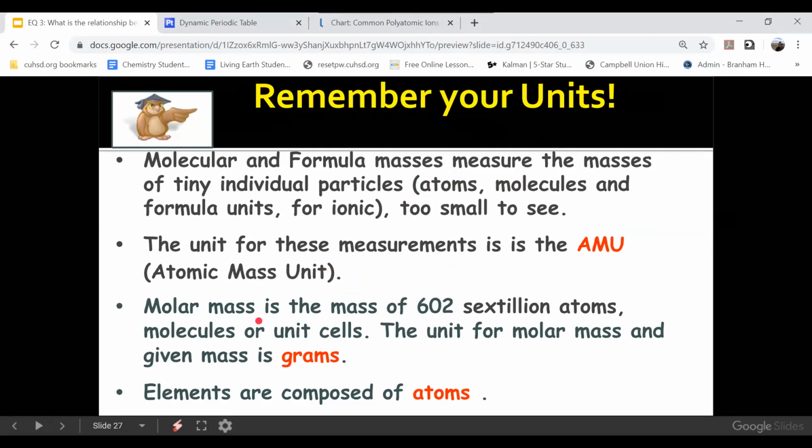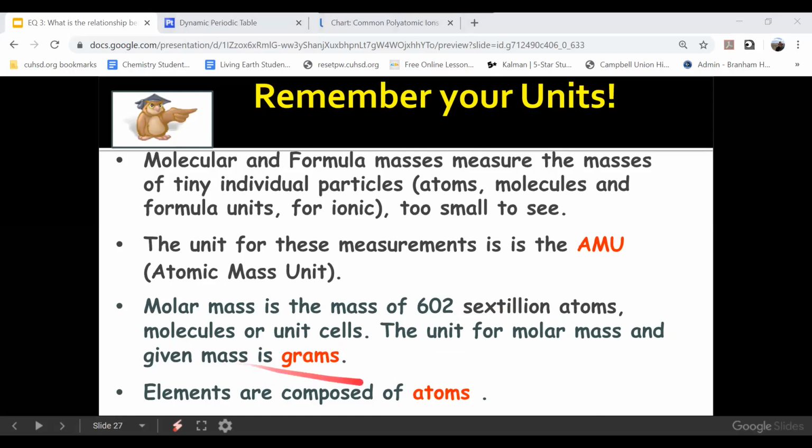Molar masses are going to be the mass of 602 sextillion atoms, or 6.02 times 10 to the 23rd. And the unit for molar mass is going to be grams. Elements are composed of atoms, so just kind of remember this.